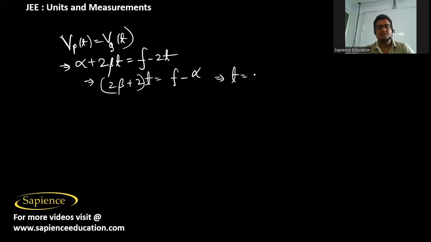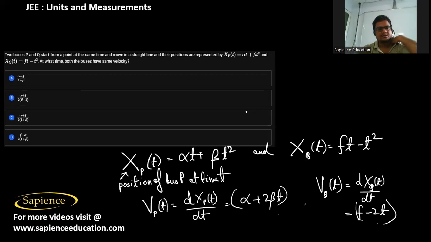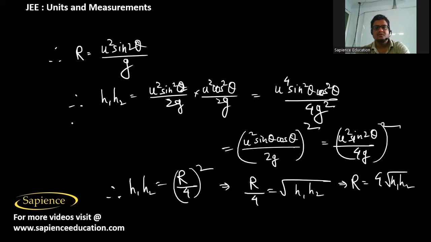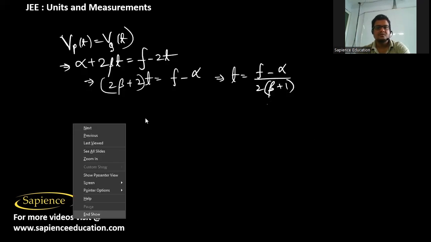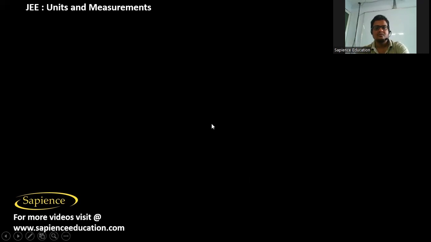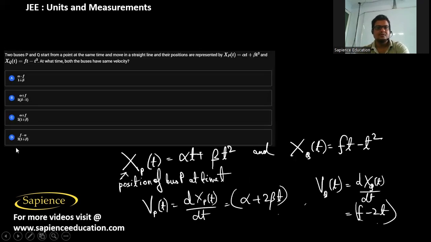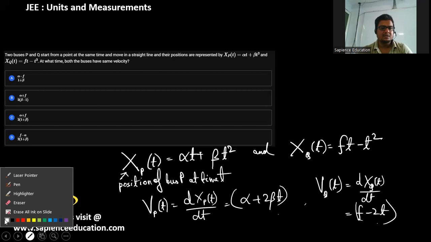So t will be equal to f minus alpha by 2 into 1 plus beta. This is the answer. So option D is the correct answer.